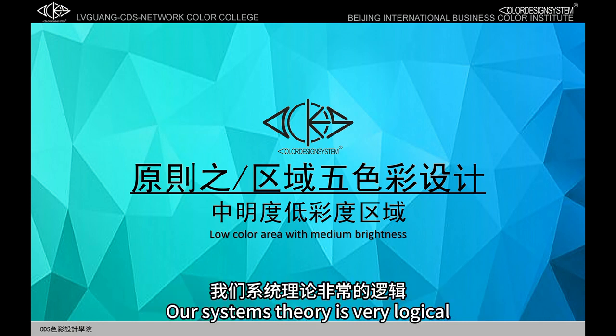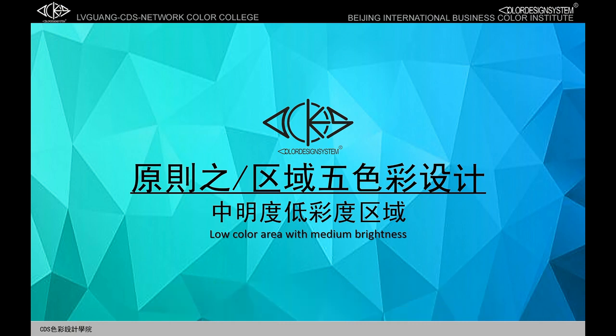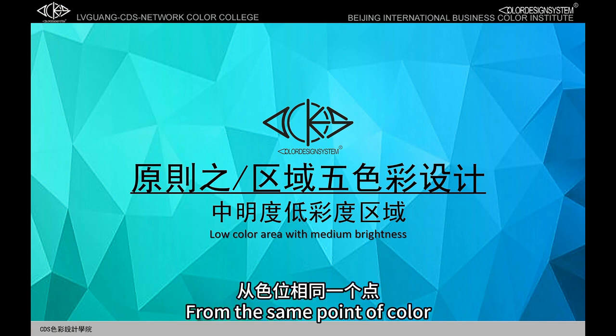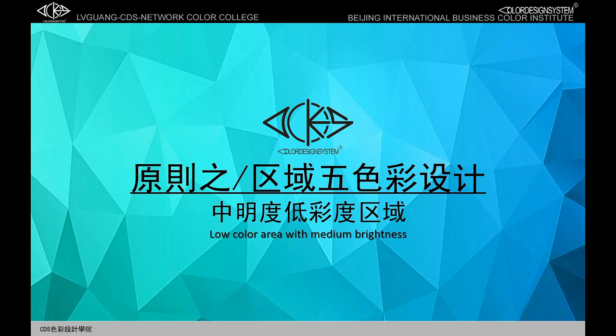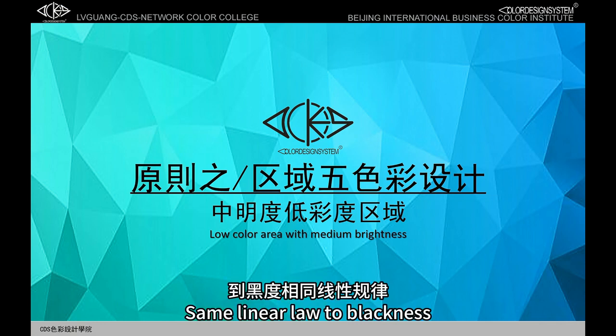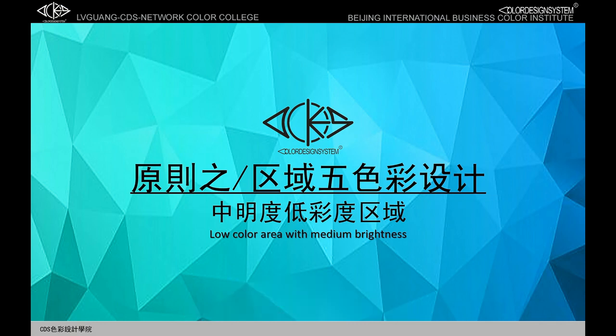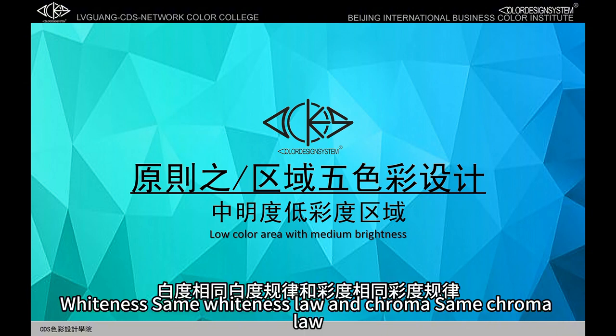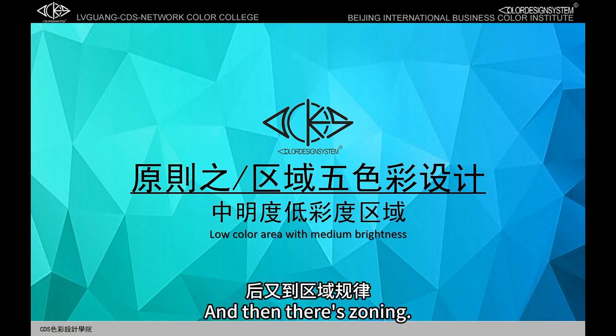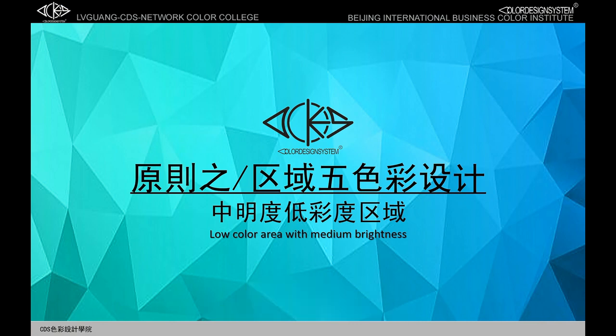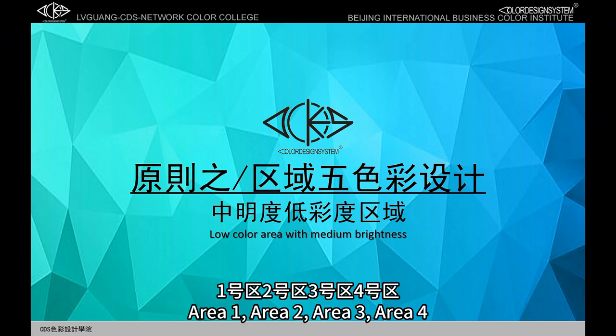In fact, if you've seen our previous lectures, you'll know our system's theory is very logical and very rigorous: from the same point of color, the same linear law to blackness, the same whiteness law, and the same chroma law. And then there's zoning. We call it Area 1, Area 2, Area 3, Area 4.